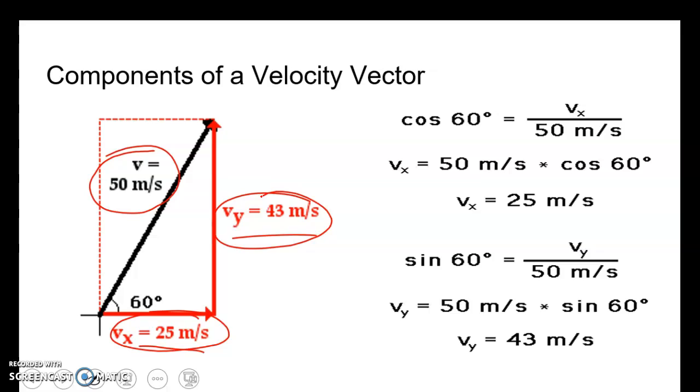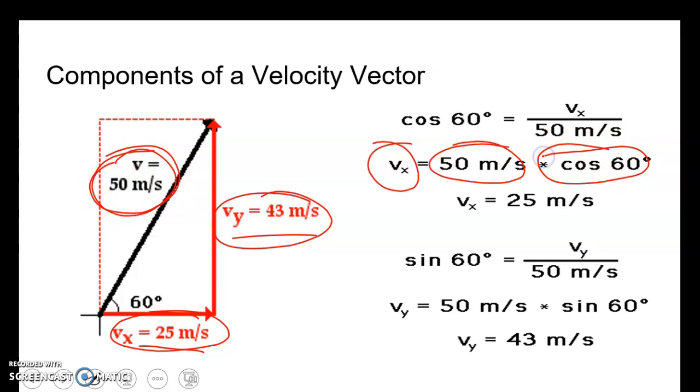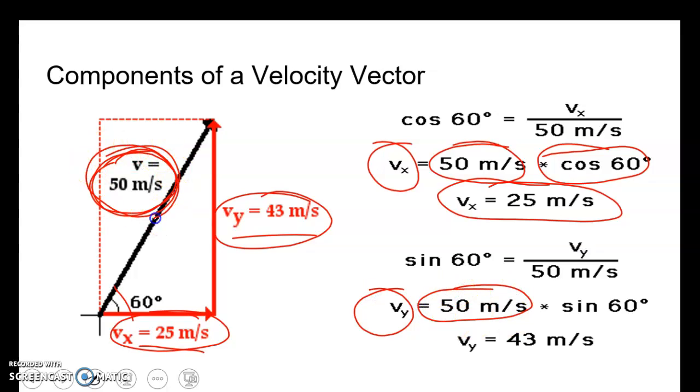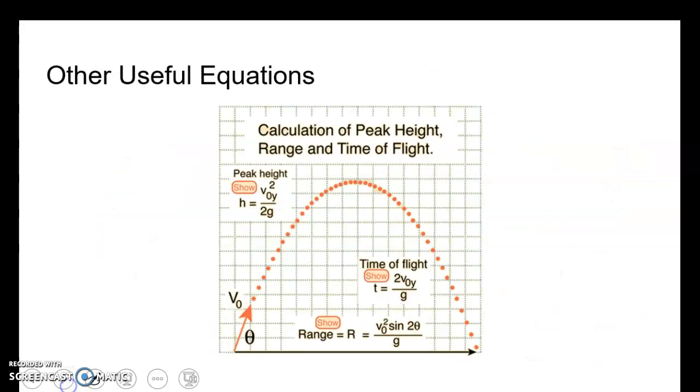If I want to find my x velocity, it's equal to the velocity of the projectile times the cosine of my launch angle. In this case, 25 when the angle is 60. And for my y velocity, it's the object's velocity multiplied by the sine of the angle. And in this case, 43 meters per second. And you'll see this math again, especially dual credit, as we discuss non-horizontal launched projectiles.